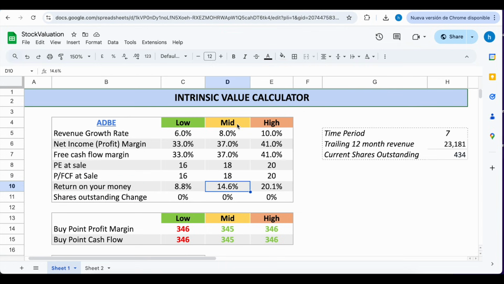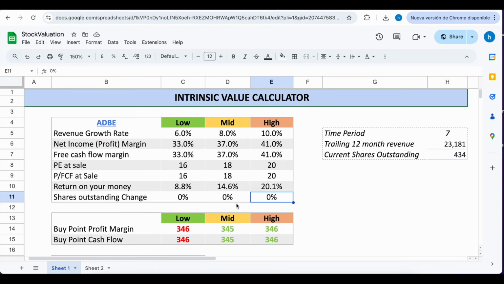Now, as far as my assumptions, I assume Adobe grows revenue between 6 and 10% annually for the next 7 years. The average of profit margin and free cash flow margin between 33 and 41%, and I assign the price to free cash flow at the end of the 7 years of 16, 18, and 20. And I even left the share outstanding change at 0% in order to be more conservative.